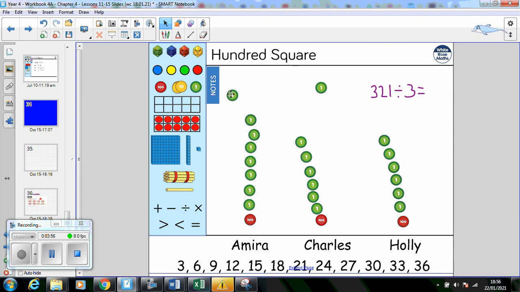And 7 ones each. So we can use the place value counters to share them out. They each paid £107 each. So we need to practice writing this, don't we?